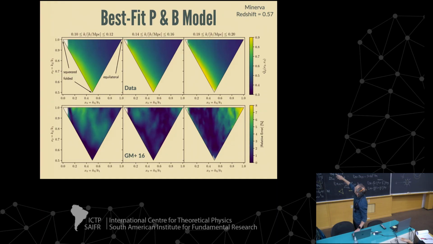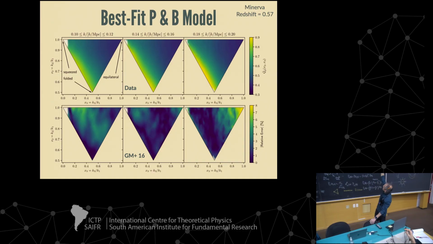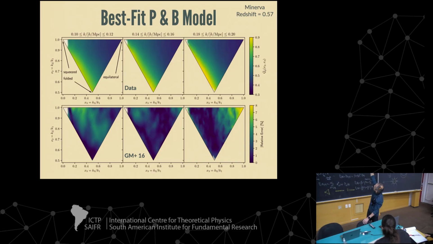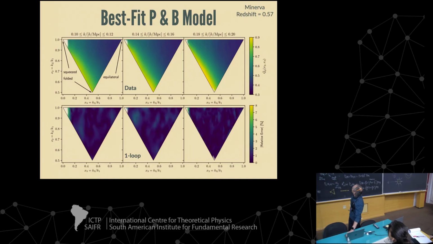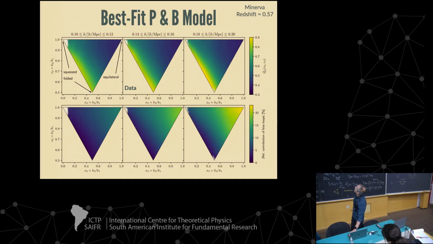Now the bottom panel shows the deviations of the predictions from the simulations, okay? The greener the color, the higher the relative error in percent, okay? So you can see with the tree-level prediction, particularly as you go to higher k, one-loop corrections become important. You can see here in this corner how things start to look bad. Once I add the loop, you can see how you improve from tree level to loop.